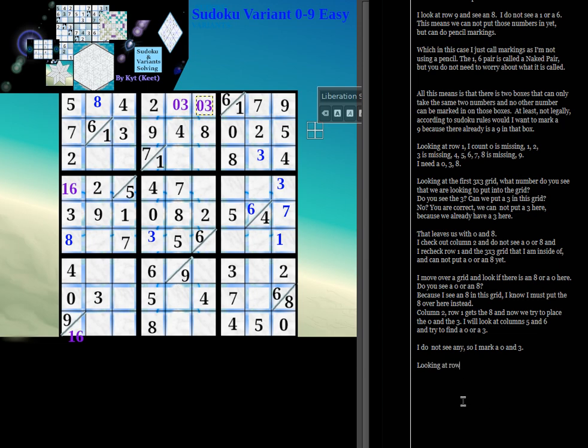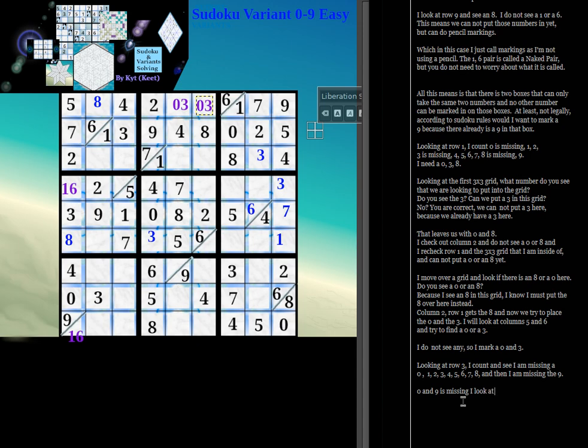Looking at row 3, I count and see I am missing a 0, 1, 2, 3, 4, 5, 6, 7, 8, and then I am missing the 9. 0 and 9 is missing.